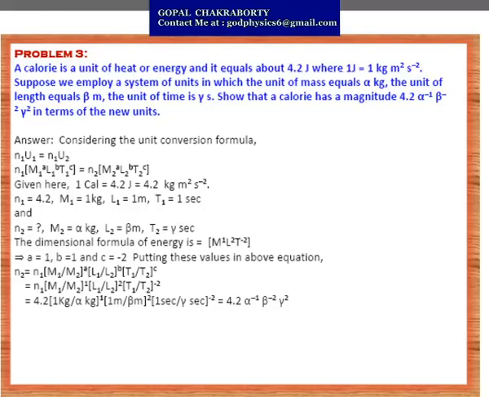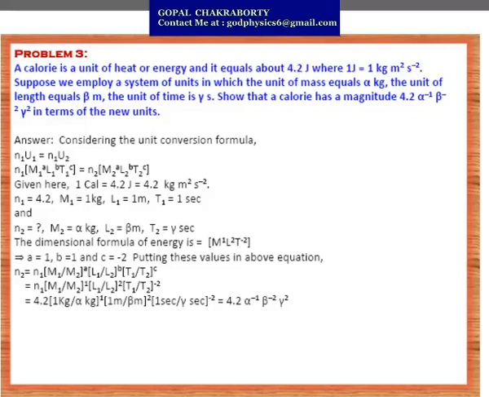Now the next problem, problem number 3. A calorie is the unit of heat or energy and it equals about 4.2 joule, where 1 joule equals 1 kg meter square per second square.